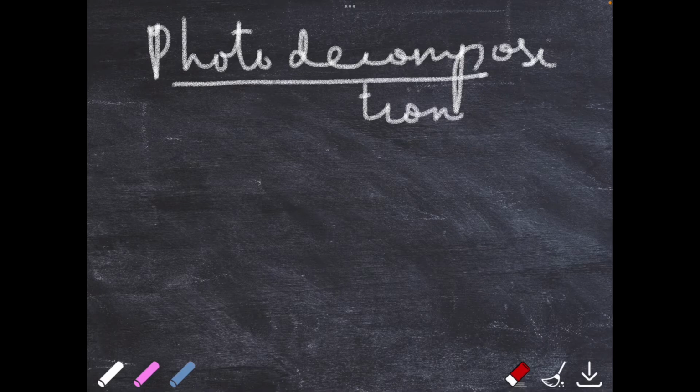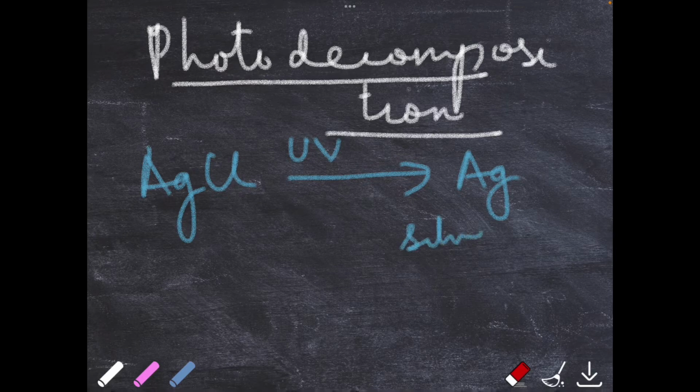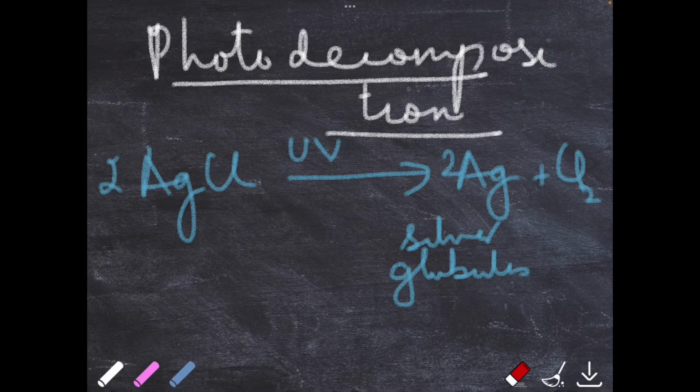And here we'll be discussing the decomposition of silver chloride, let's say. On exposure to UV light or sunlight, it breaks up into silver globules plus chlorine gas. Now chlorine gas is a yellowish green gas which comes out.